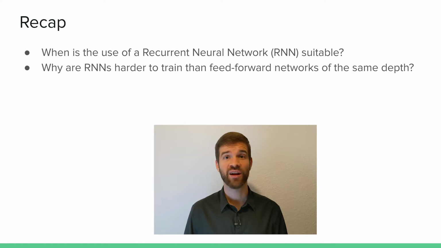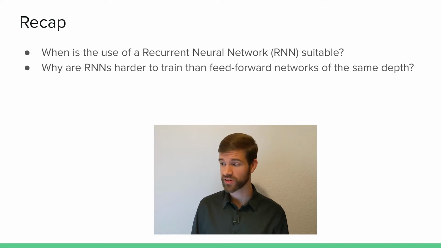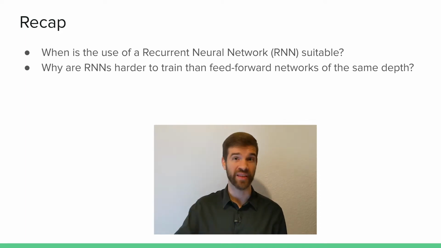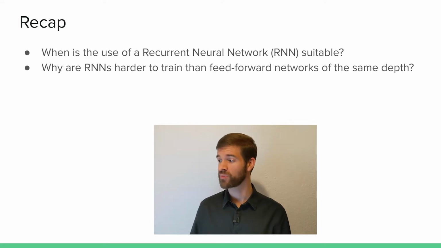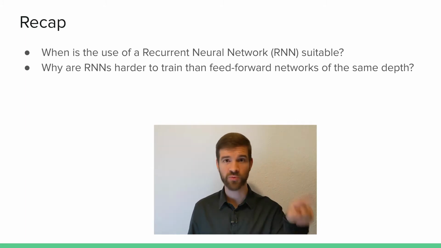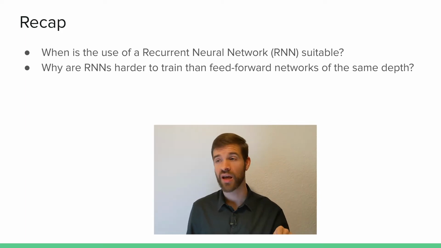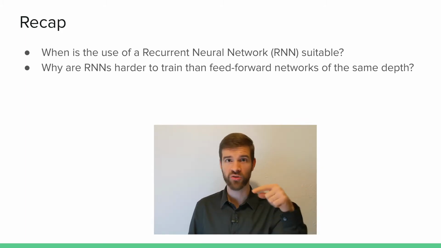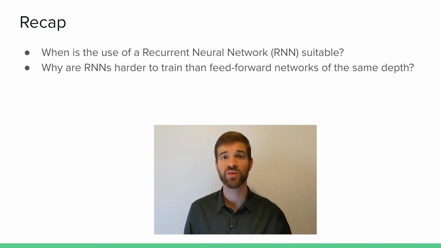Why are RNNs harder to train than feed-forward networks, even if they have the same depth, the same number of layers? Well, the problem is that with parameter sharing, the input in a simple recurrent neural network just gets fed back into the same layer over and over again. And if you just have a plain recurrent cell which has one output that is directly fed back into the input, you will have the issue that whatever value you feed in there gets multiplied by the same matrix over and over and over again.